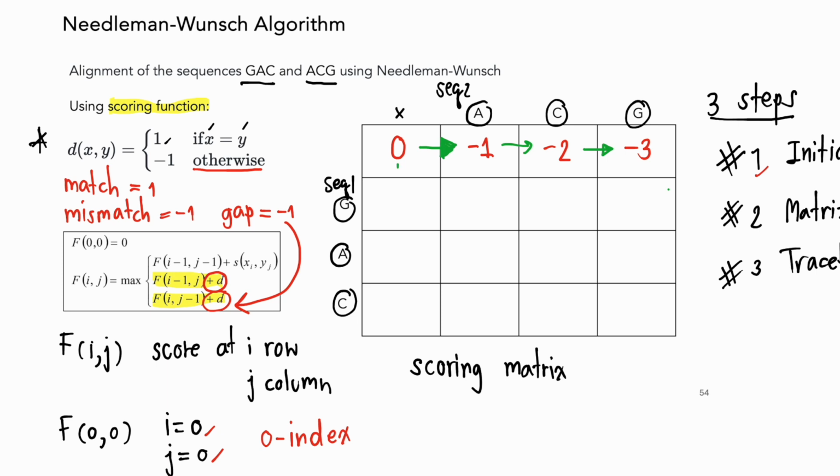We will do the same in the first column. 0 minus 1 is -1. Don't forget to put the arrow. -1 minus 1 is -2. -2 minus 1 is -3. So we end the first initialization step.